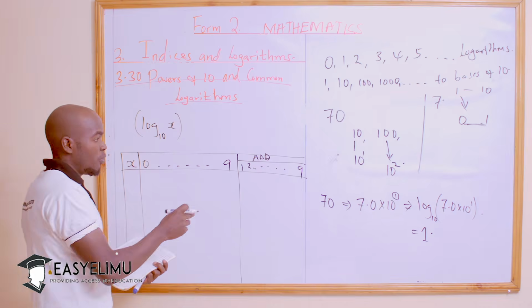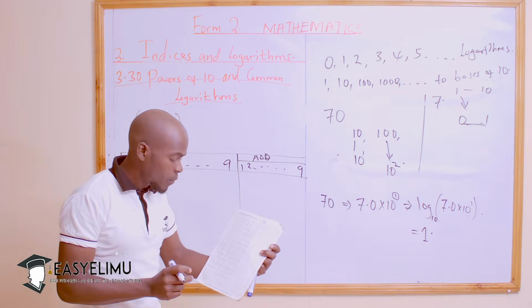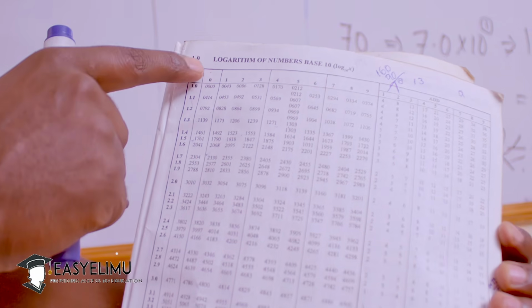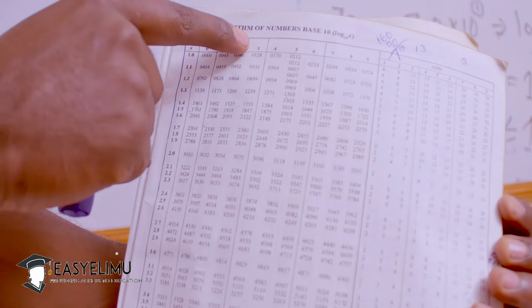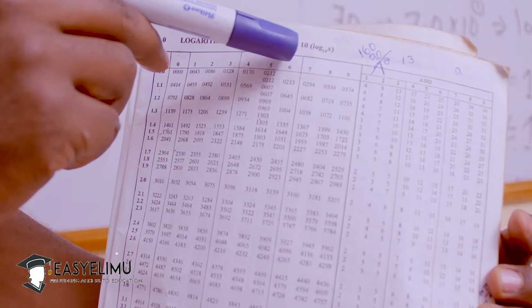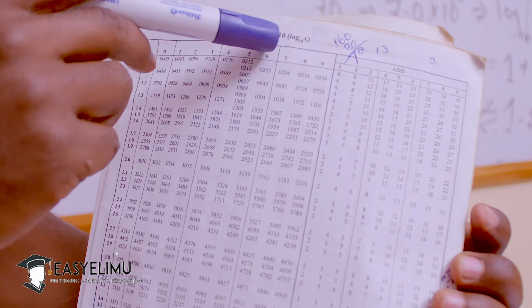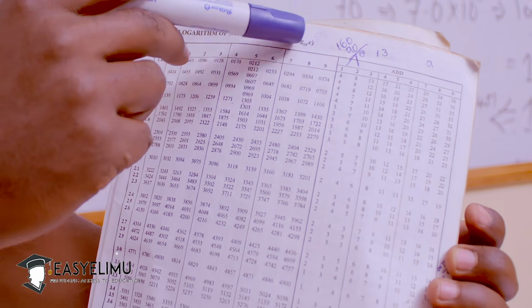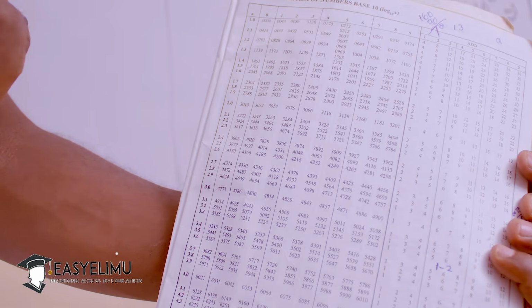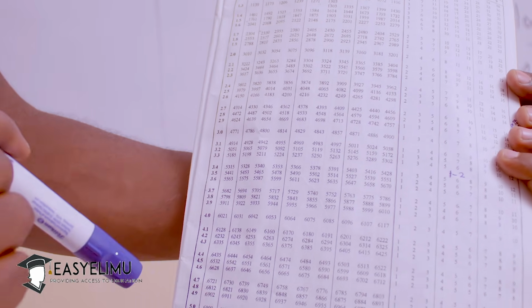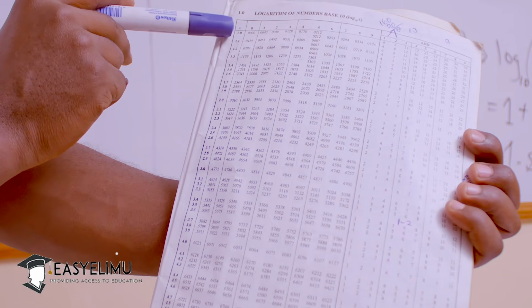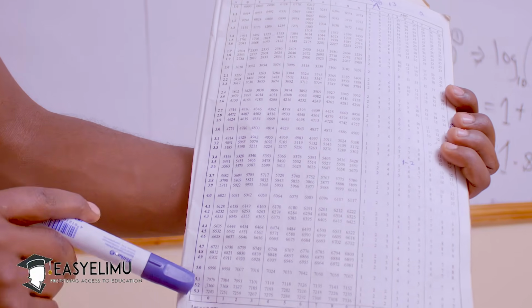And there we are going to view 7.0. Here you have a table of the logarithm, and on top the heading is logarithm of numbers base 10. In brackets we have logarithm to base 10 of x, where x represents the number whose logarithm you have to find. Here we have to find the logarithm of 7.0. On this page, under the column of x, you can't find 7.0.